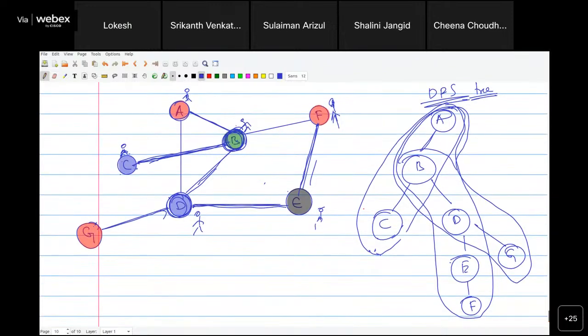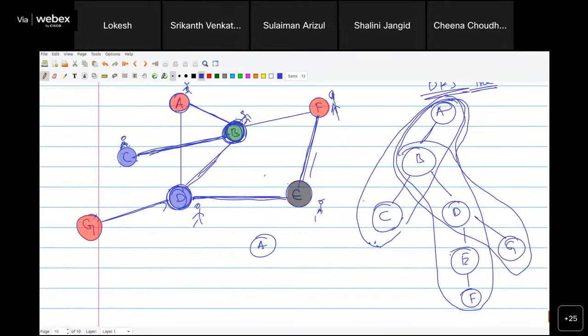So can we visit A to B, B to F, F to E, E to D, and D to G? Yes, A to B is possible, B to F. But I said to pick alphabetical order. No, because it is depth first, I thought this would go more depth.